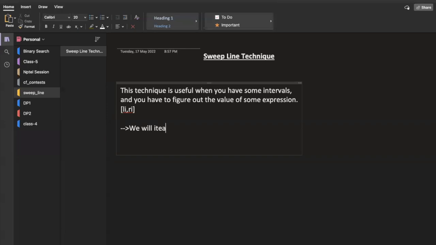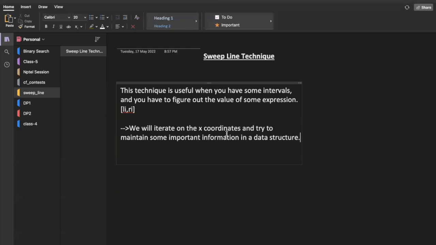We will iterate on the x coordinates and try to maintain the relevant, important information in some data structure. That is the main goal here.